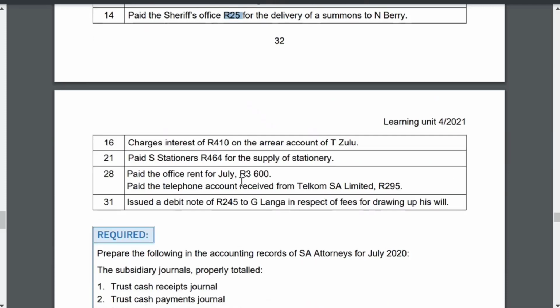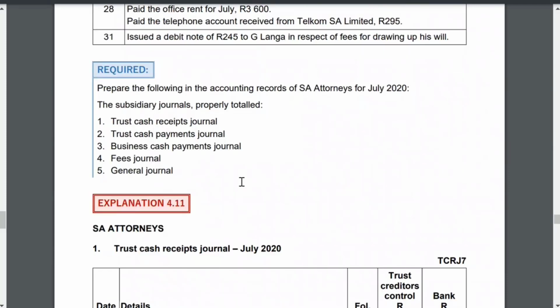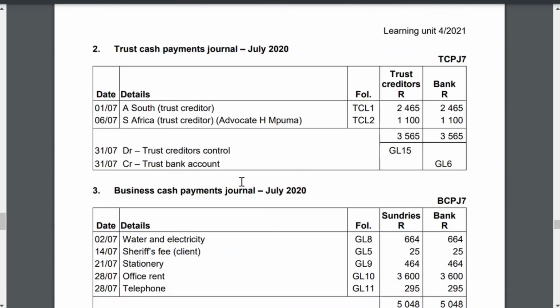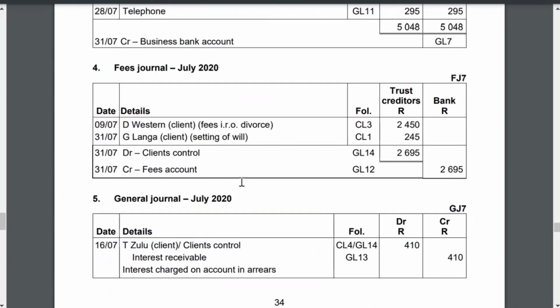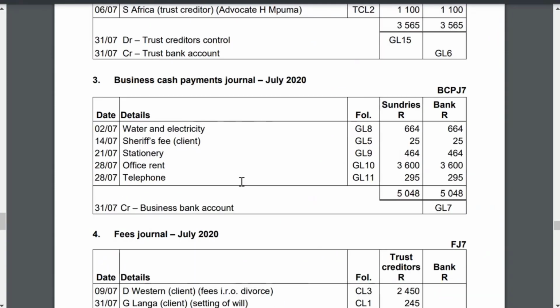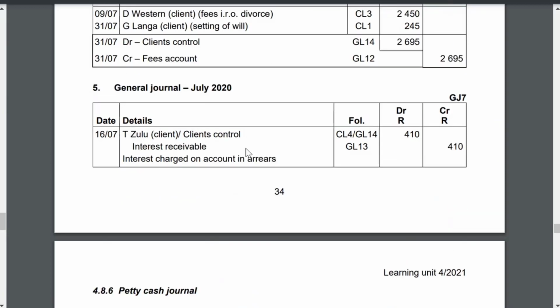So this transaction number 14 came out of the business cash payment journal. But can you see guys, this is for the client. This is for the client. So the business will charge the client this 25 Rand.